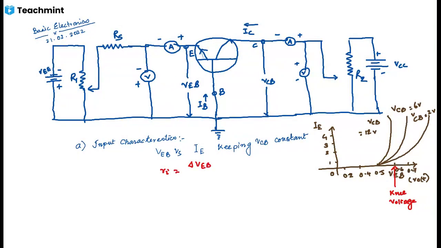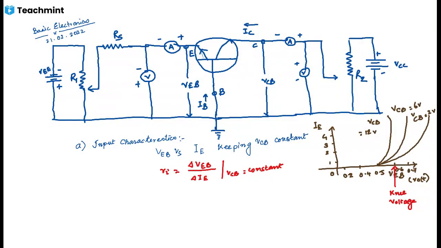Del means small change. So the dynamic input resistance Ri is very small, nearly 25 to 100 ohm.